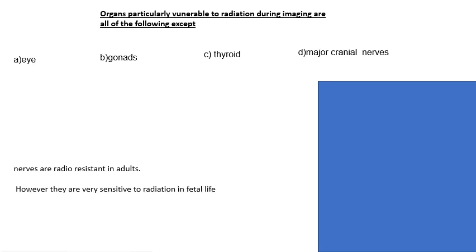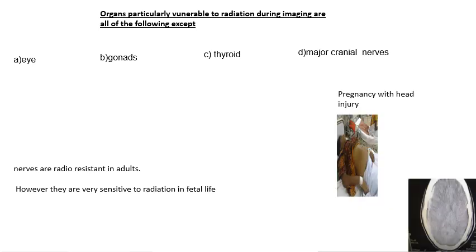Now to highlight this, I just want to give you a case scenario so that it will be in your head. When you know it is resistant, and at the same time it is sensitive, this sort of issue will imprint better. So this is a lady who had a head injury, and she was pregnant, coming for antenatal follow-up, and she was hit by a vehicle, came in a drowsy state, and we had to go ahead and do a CT.